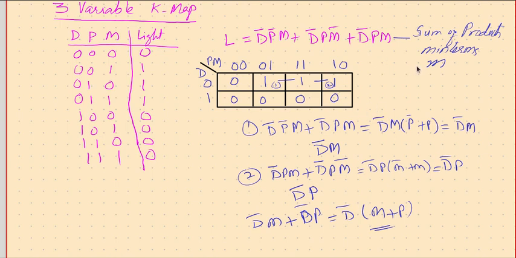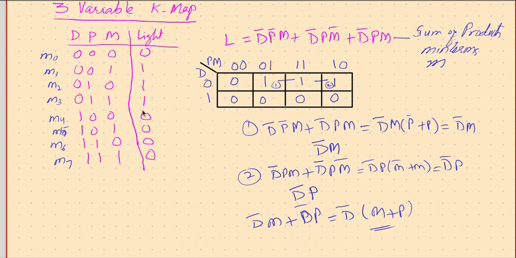This convention is used to define this combination as minterm 0, this combination minterm 1, this as minterm 2, this as minterm 3, this as minterm 4, this as minterm 5, this is minterm 6, and finally this is minterm 7.